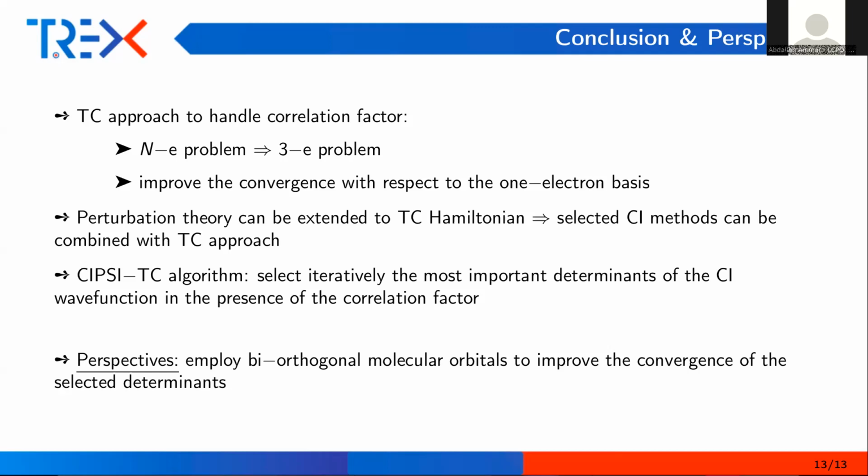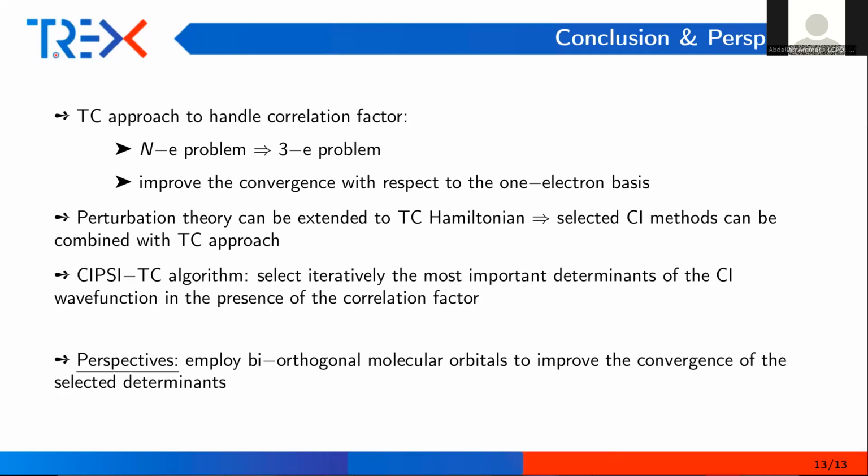In this work, we chose to extend the CI algorithm to the transcorrelated Hamiltonian, and the results show that this allows to compact the wave function by selecting the most important determinants.